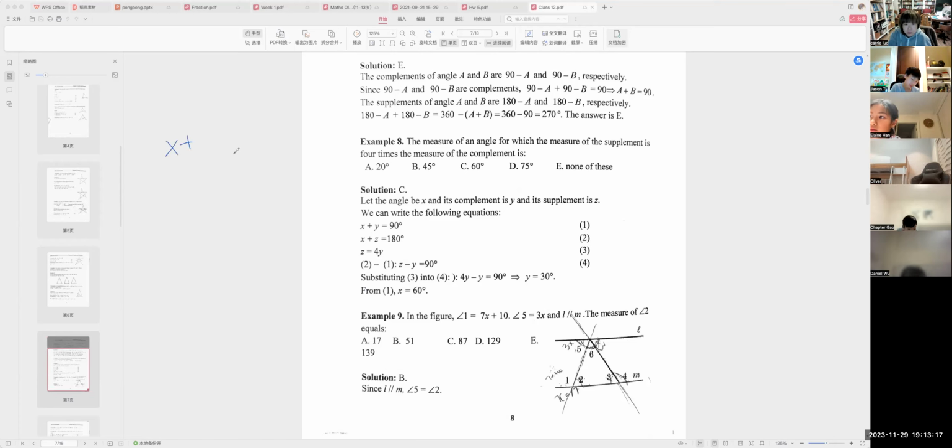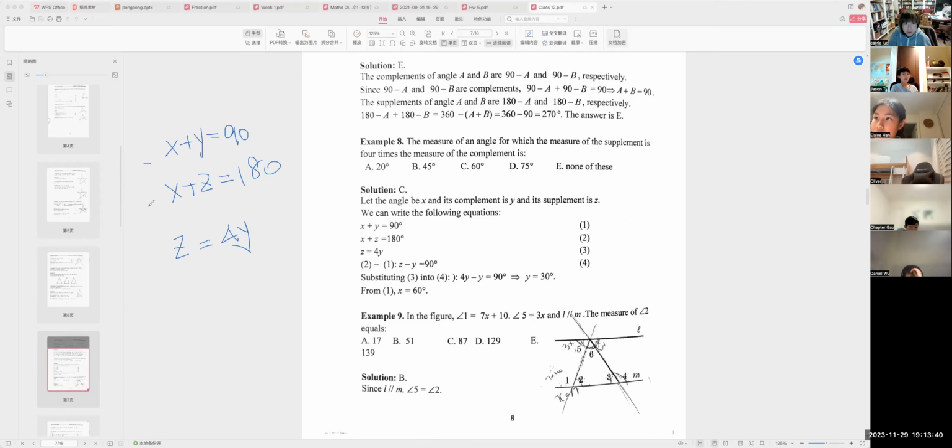Two angles added together equal 90 degrees. That means these two angles are complementary to each other, okay? And another pair adds to 180. That means the two angles are supplementary to each other. But one of them is 4 times the complementary one.